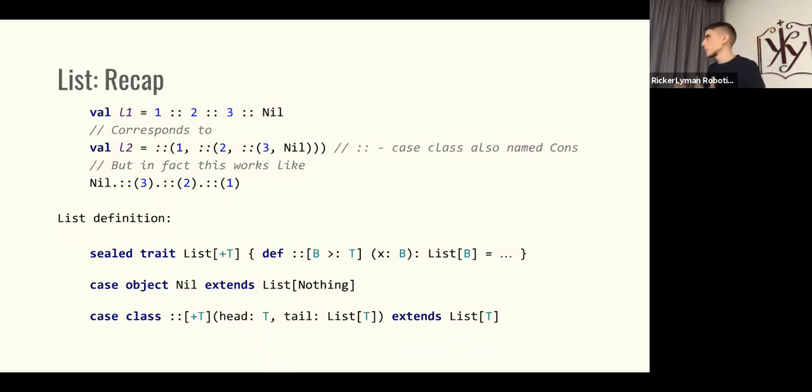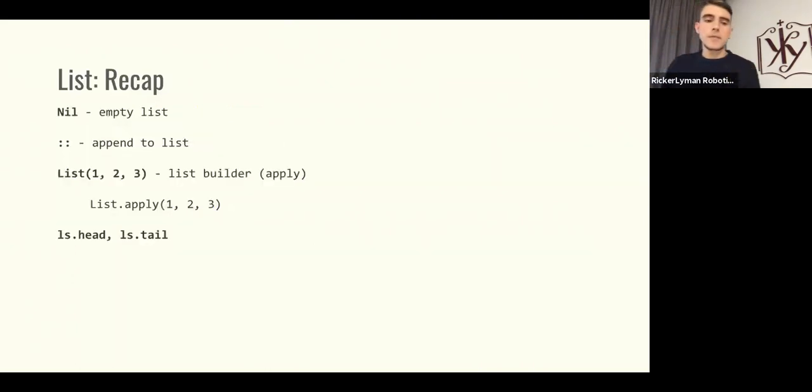Yes, and when we use this double colon, sorry? I have a question. What's the reason you put this functionality in the object? Well, this is how companion objects basically work. It's a good question actually. There are multiple reasons, because a companion object is the object which is defined in the same source file.